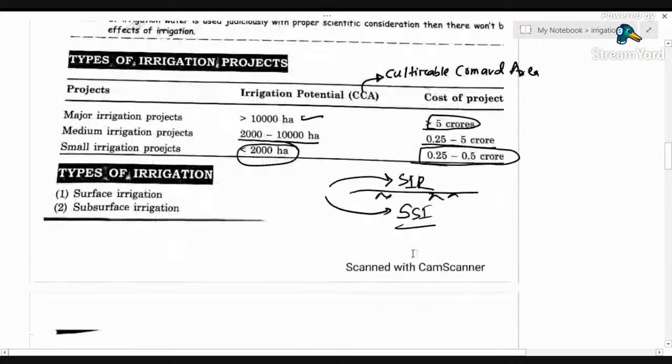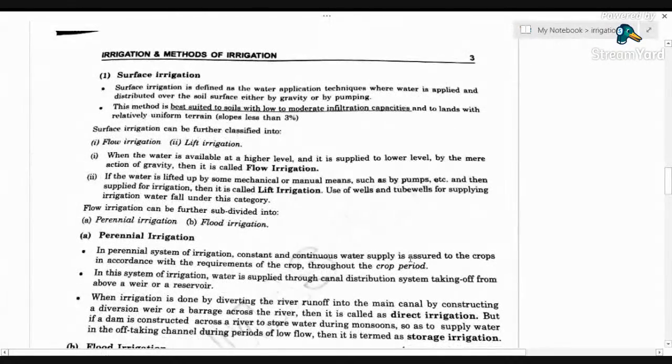Now, what is surface irrigation? Suppose this is my land, and you store the water at some higher level. You design a storage network, lay some pipes, and supply the water to your plants.